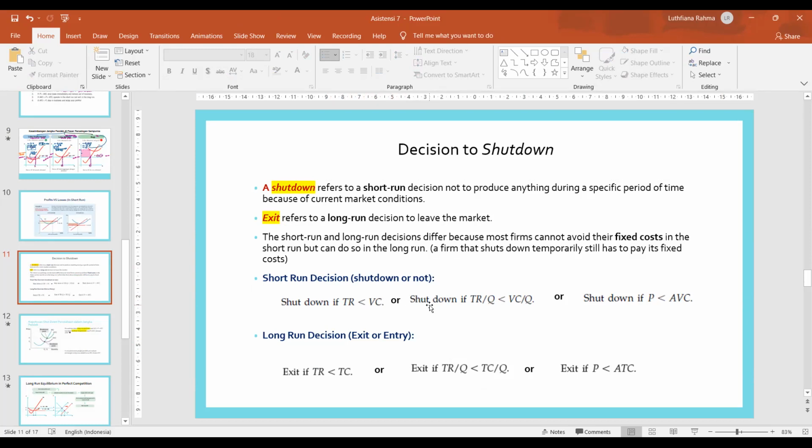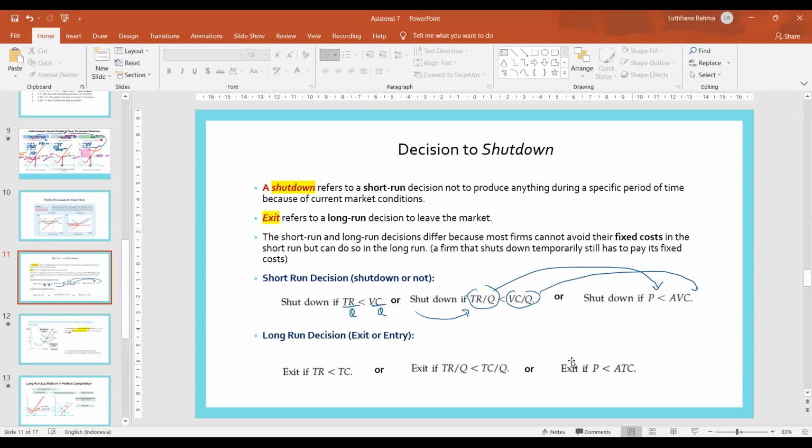Or, if we divide both sides by Q, we will get this: they should shut down if the total revenue per Q is below the variable cost per Q. TR per Q is equal to the price, and variable cost per Q equals the average variable cost. So they should shut down if the price is below the average variable cost.